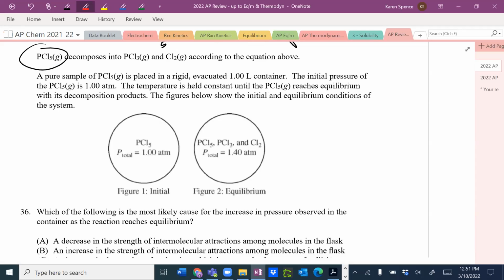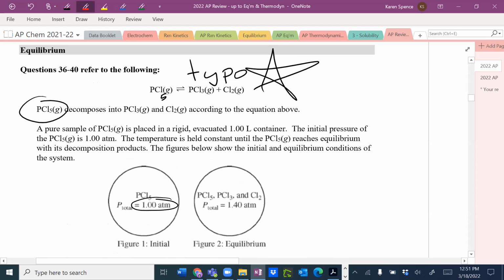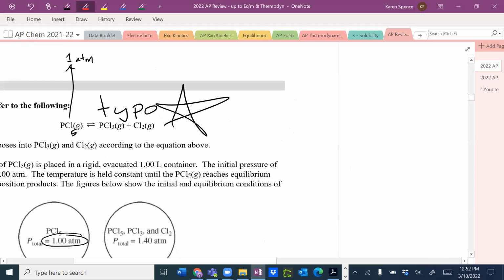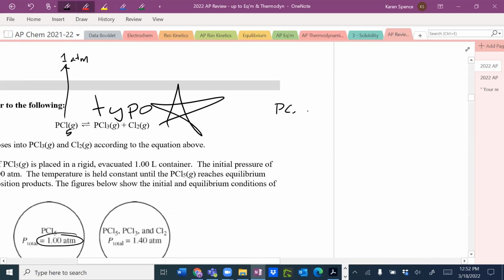Okay, so initially we have 1 atmosphere. Actually, I'm going to go over here, PCl5, and let's assume it goes to completion, PCl3, Cl2. So we have an initial, a change, and a final pressure.